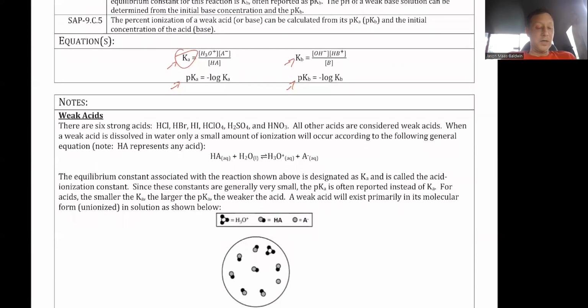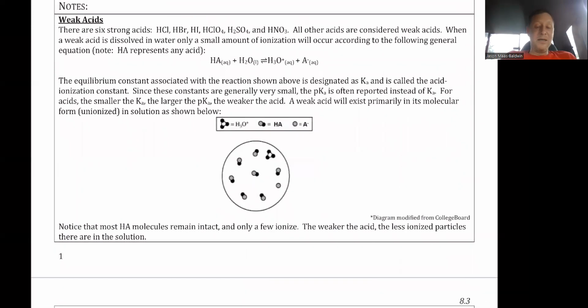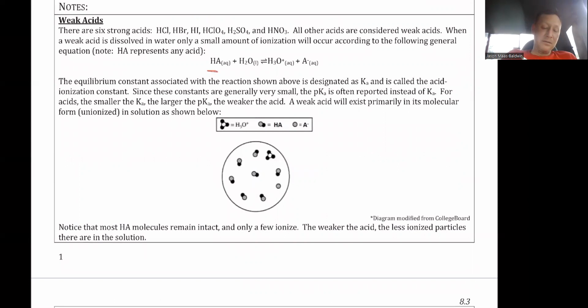Okay, so we've talked about our 6 strong acids, but if it's not a strong acid, then the acid, which is represented by HA, when it joins with water, it's going to be in equilibrium with H3O+ plus A-, which is the conjugate base of the acid. And so that means that if we were to write the K expression for this, since it's an acid, we call it the Ka.